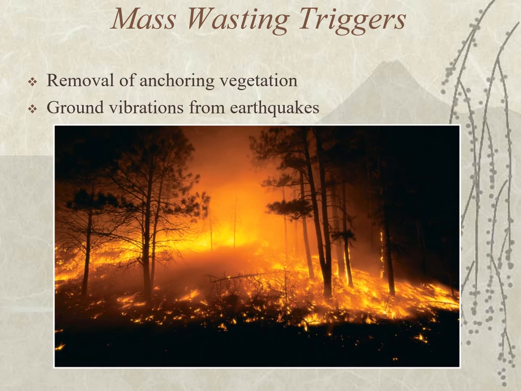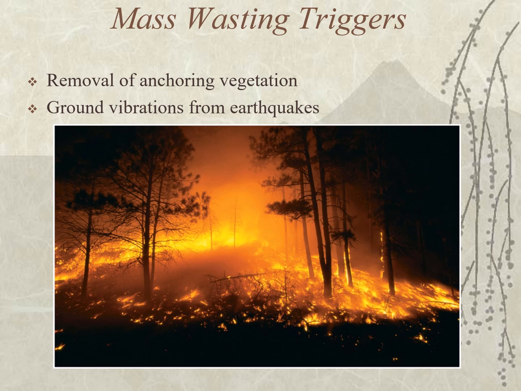Other things, removal of anchoring vegetation. This can either be humans going in and clear cutting the land, or it can be fire. The fire can be naturally started. The fires in California right now, they're saying they were started by lightning strikes. They had 100 lightning strikes. Lightning strikes don't always cause catastrophic fires, but if the place is experiencing drought and not having rain in a while and is very dry, then it's more likely to happen.